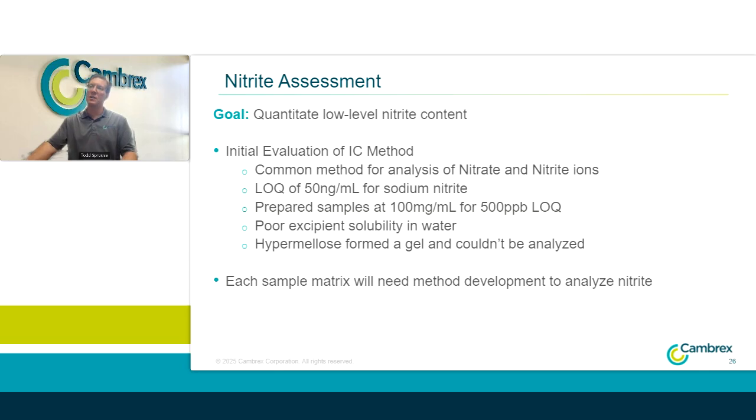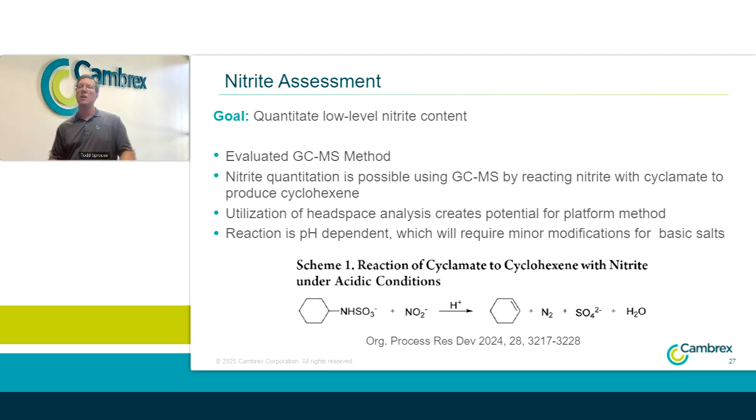And for each sample matrix, there will need to be method development in analyzing the nitrite ion within there based on the solution that needs to be injected. And so this has a need for constant development. We were hoping to find more of a platform method to screen, especially the excipients, but we can also do APIs and intermediates as well.